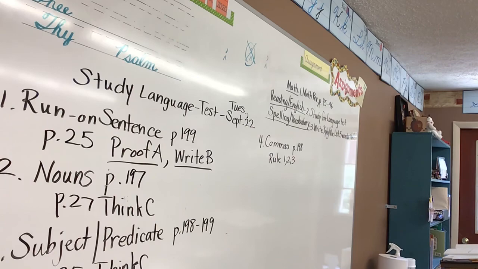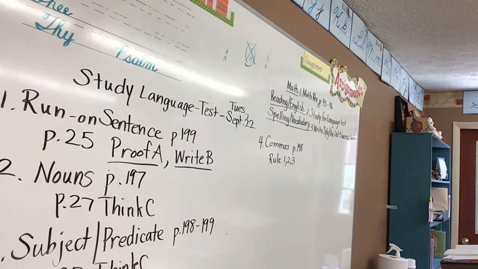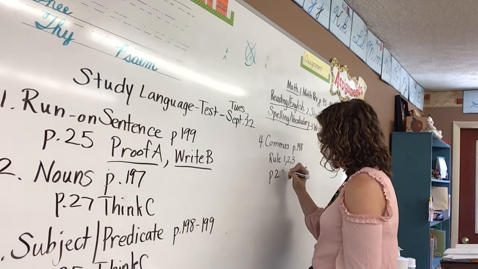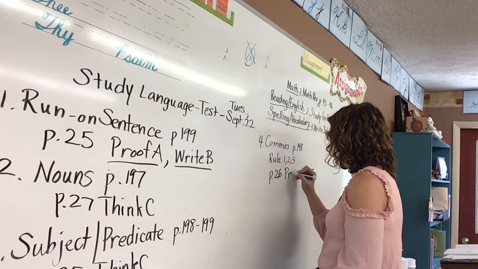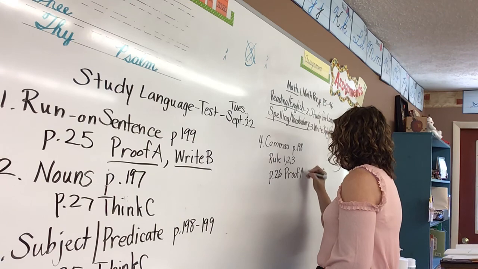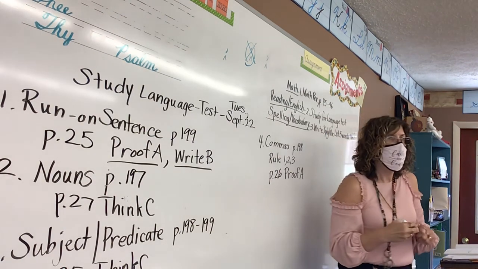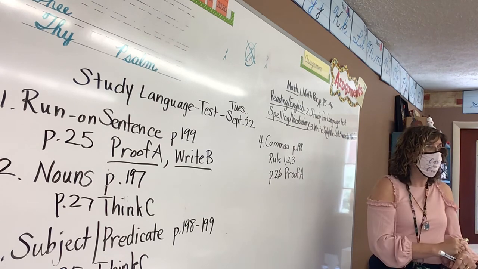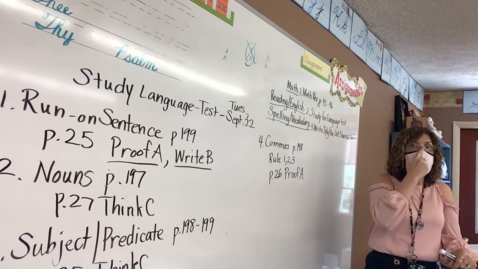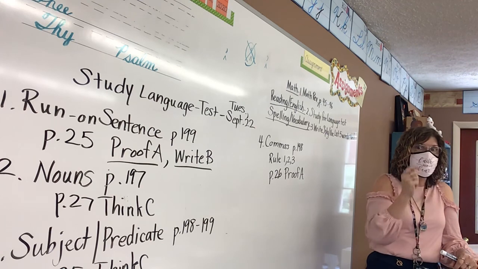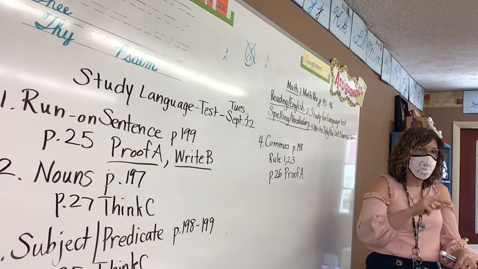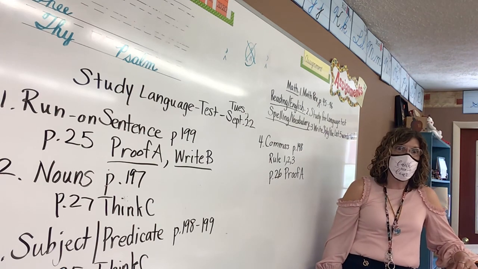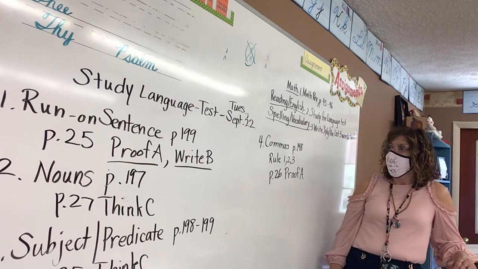Page 26, and it is proof A. So you can use page 26, proof A, to study the comma rules. And if you go through and you see that you put commas, but you did not do that insert mark, you better fix it, because you need to practice that, because if you forget it on the test, you will lose a point every single time you don't use that insert mark to insert the missing punctuation or commas.